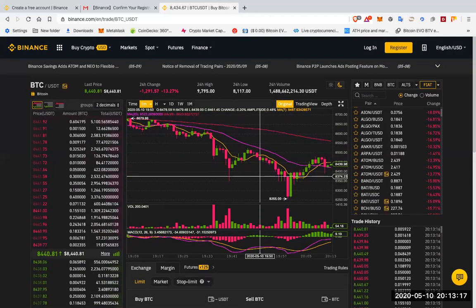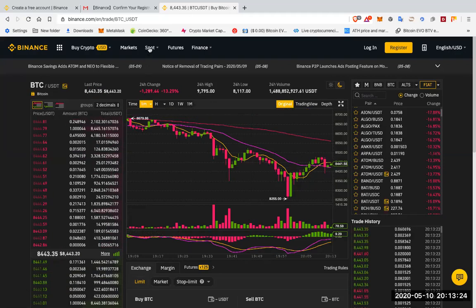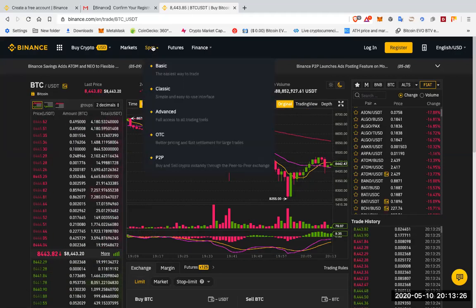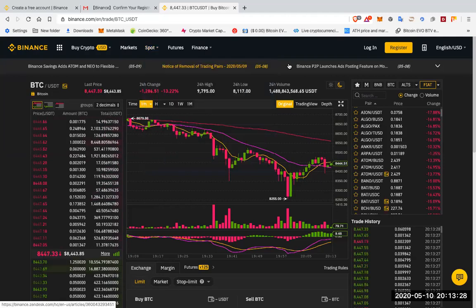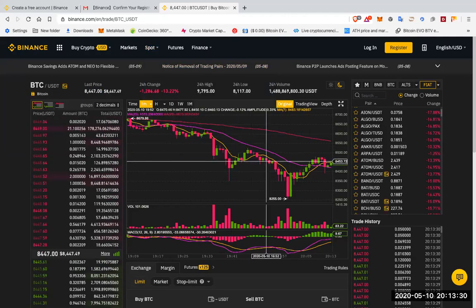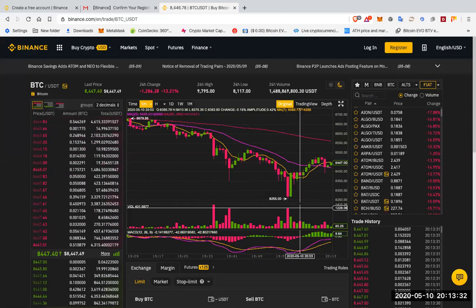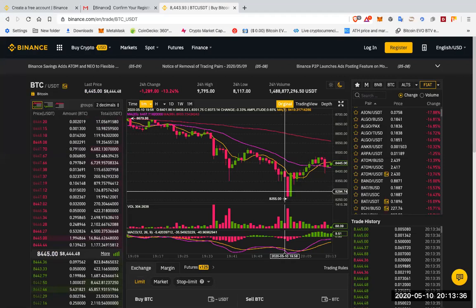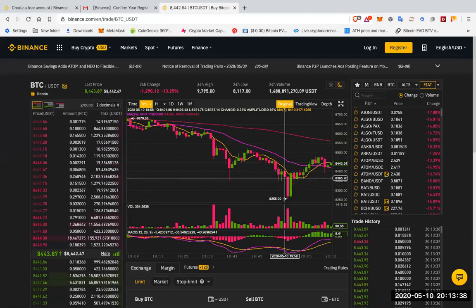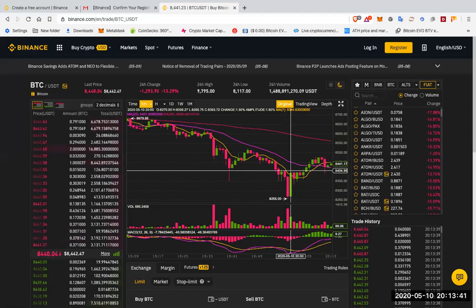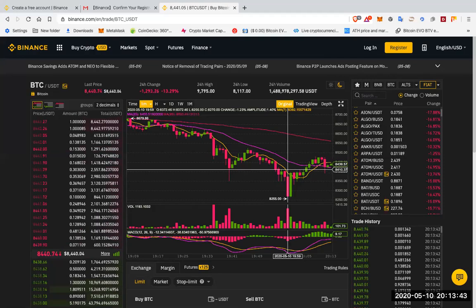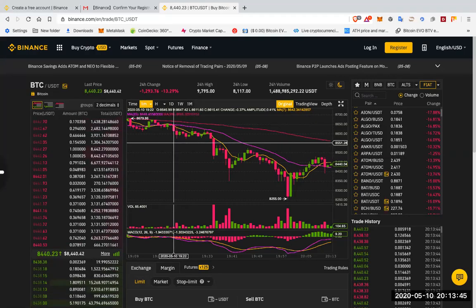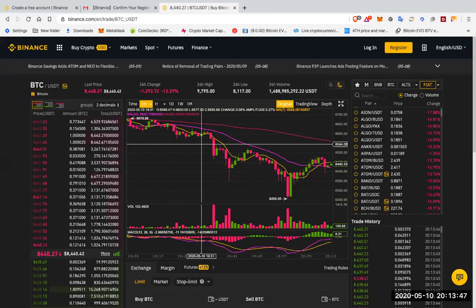Okay, so this is the trading chart within Binance, and this is basic spot. This is classic, I mean. What I love about Binance: do you see these arrows inside your charts? There are white arrows here.